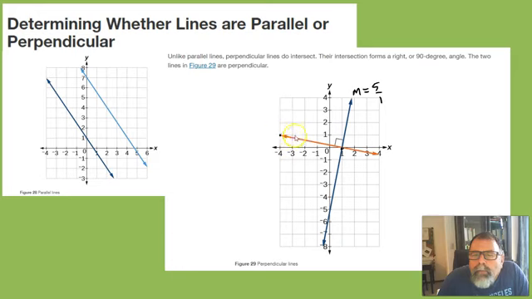So that'd be 1, 2, 3, 4, 5 for the run, and 1 for the rise. So that slope would be up 1, left 5, which is negative 1/5. Again, you can see those are negative reciprocals. So you flip it over and change the sign.